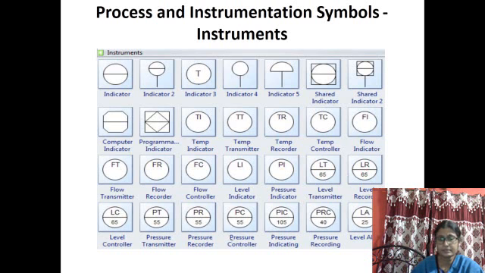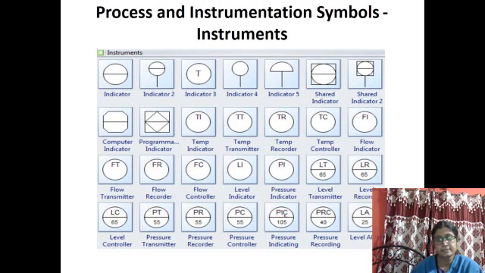So these are different types of instruments, and if there exist three variables, PIC, the first variable always stands for the process variable, that is pressure.